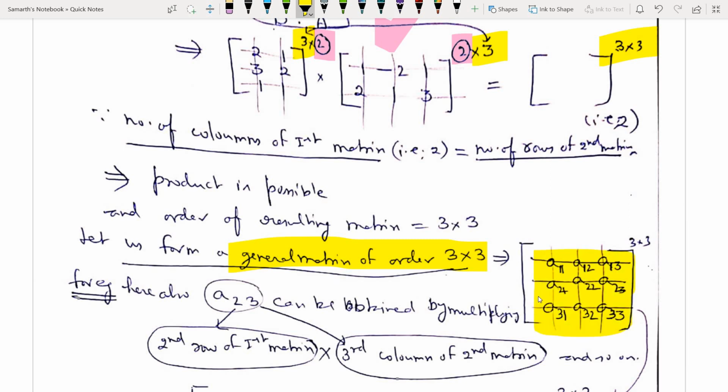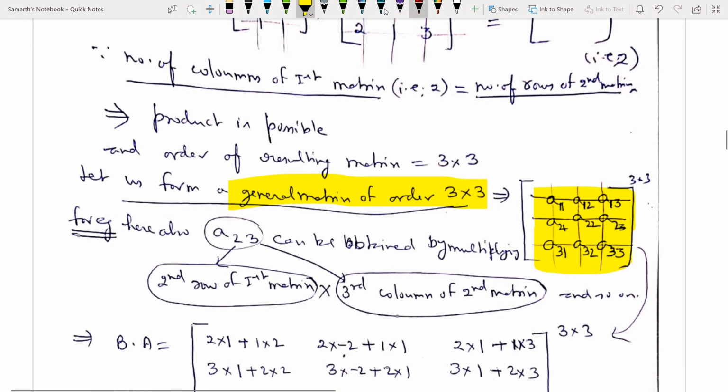I have written a general matrix of order 3 by 3 because the order of the resulting matrix is 3 by 3. So when I write a general matrix, I get A11, A12, A13, A21, A22, A23, A31, A32, A33. So how can we get all these elements?